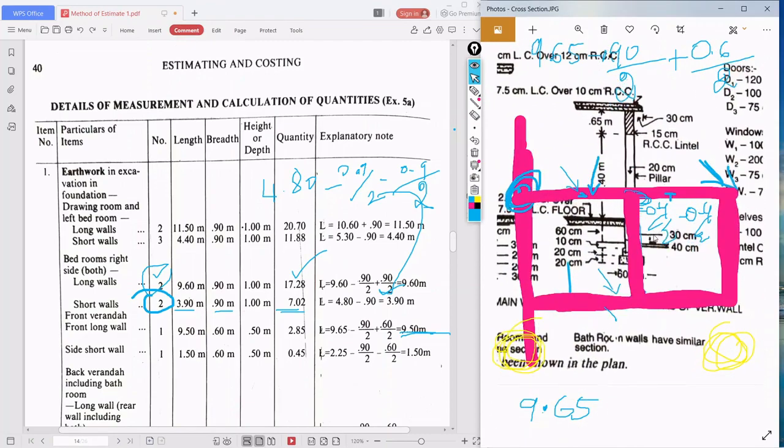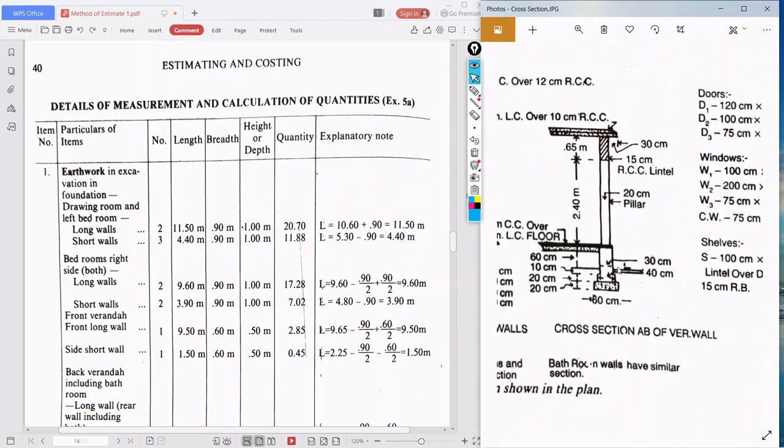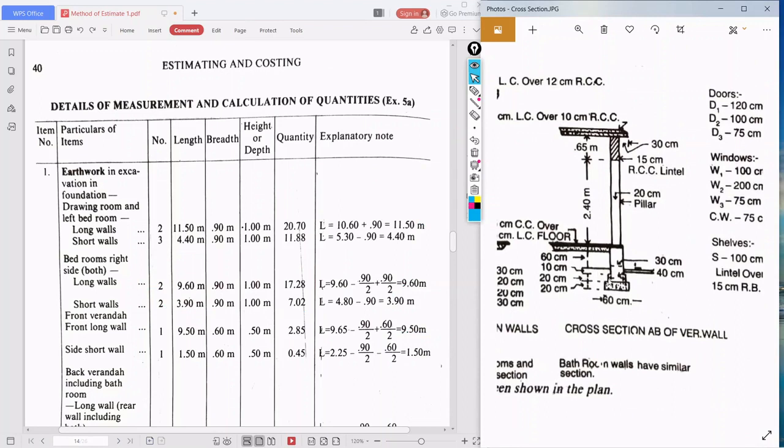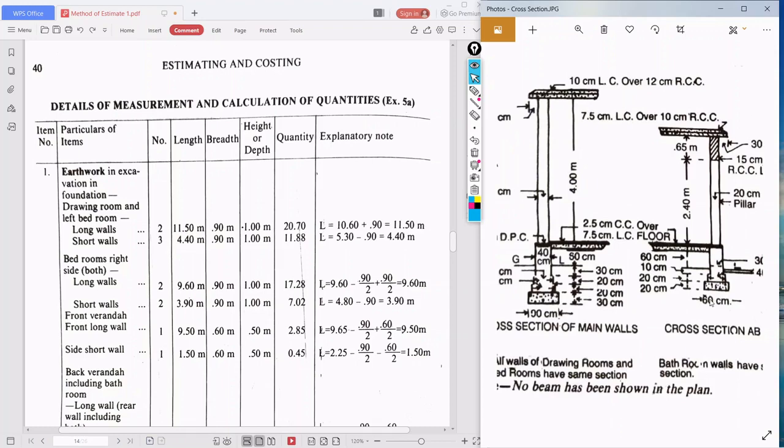This is the section of the veranda wall. For the veranda wall, the width is 60 centimeter, that is 0.6. This 0.6 I am talking about. For the veranda wall it is 0.6 divided by 2, for the main wall it is 0.9 divided by 2.